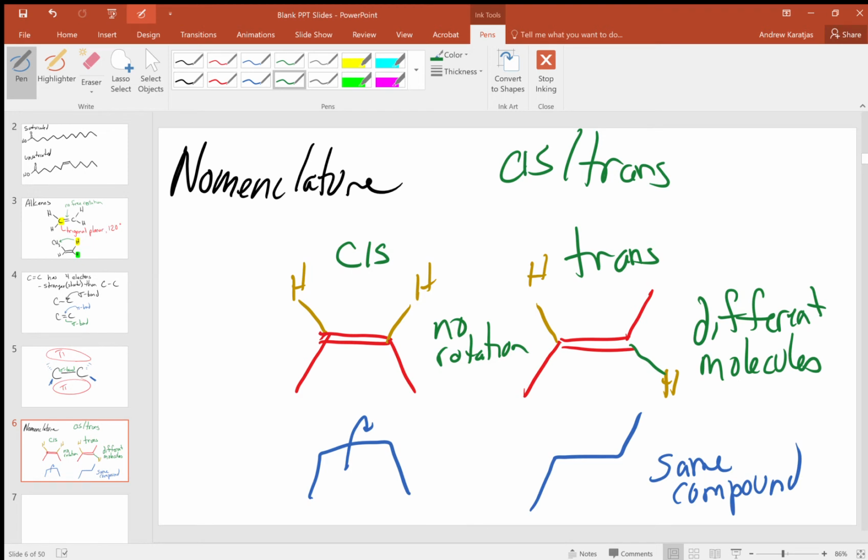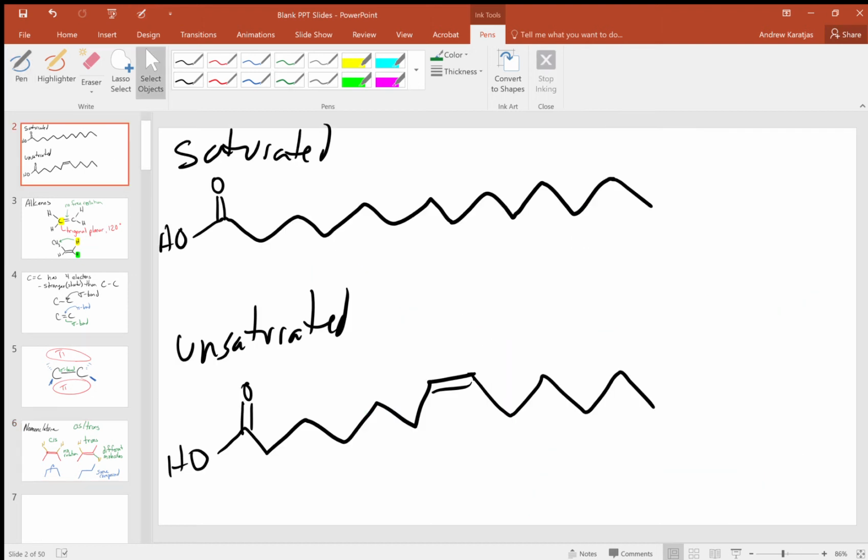And sometimes we use cis and trans as our nomenclature. Again, we see it with fatty acids all the time. Cis fatty acids and trans. And the difference is just how the double bond is arranged. So if you go back to what I did earlier, this example of a fatty acid would be considered cis.